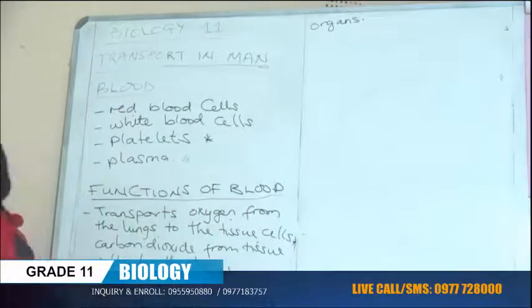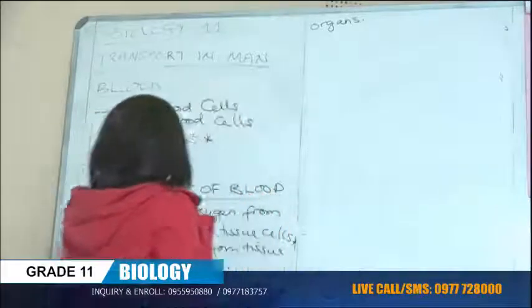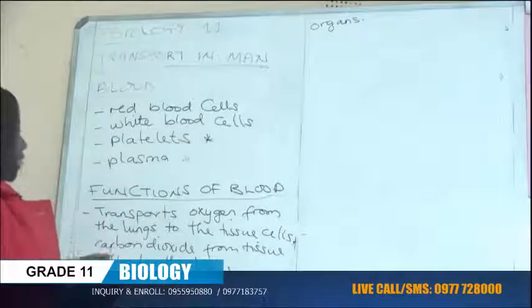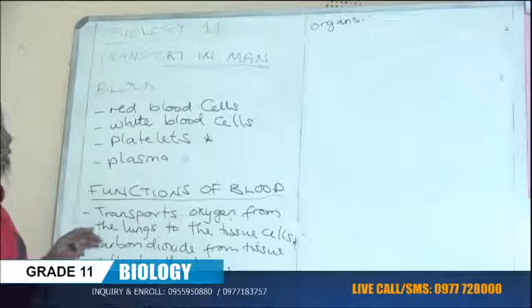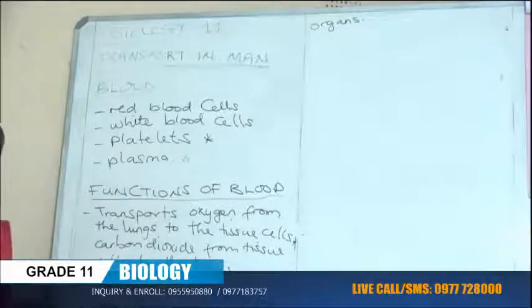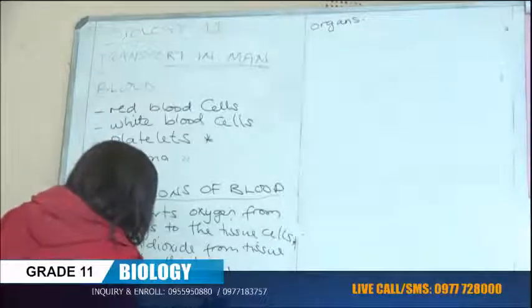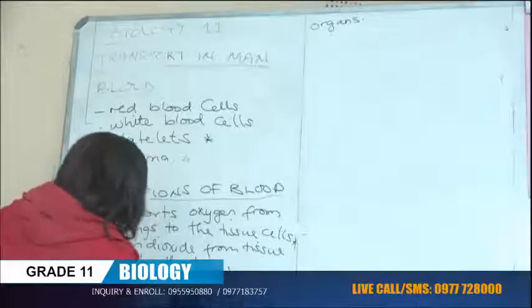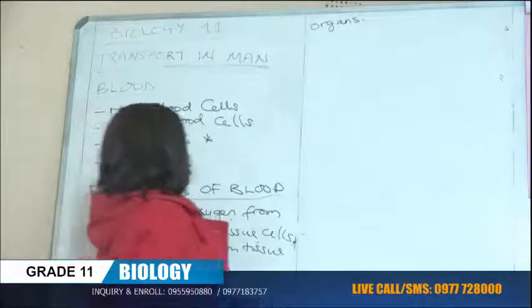Excretory organs like the liver, kidneys. So blood transports oxygen from the lungs to the tissue cells and carbon dioxide from the tissue cells back to the lungs for purification. It also transports dissolved food substances from the small intestines to the tissue cells where food is needed, and transports waste products from the tissue cells to the excretory organs.